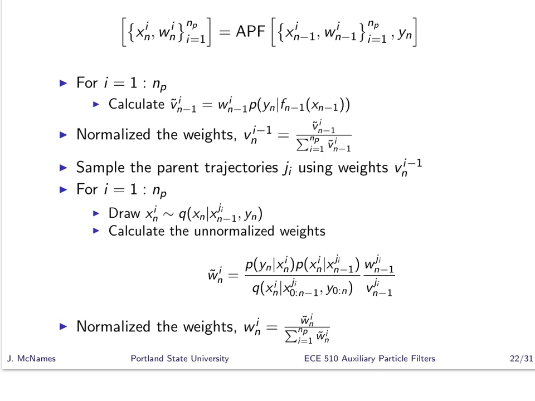You can choose a prior if you want to. I mean, you've still got latitude to make that what you want. It's an importance density that you get to pick. And I still argue choosing the prior is not a bad choice for that density.